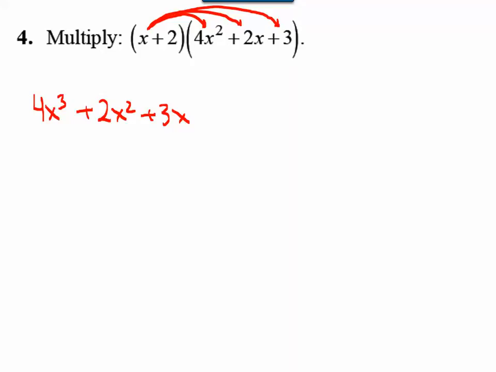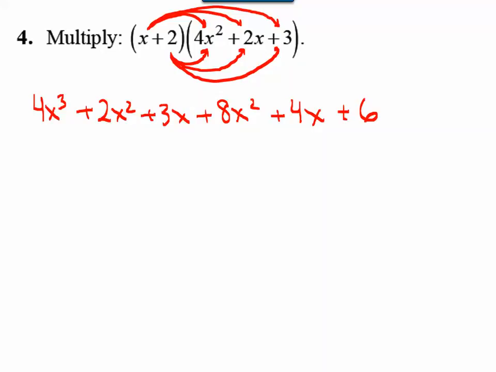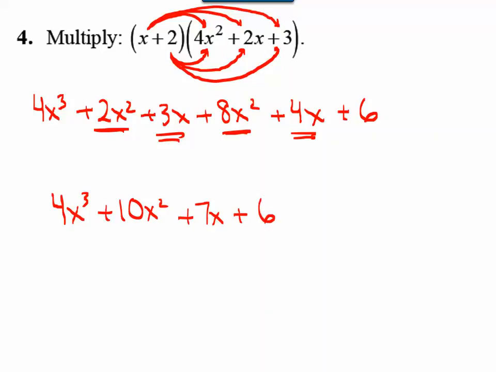Everybody good there so far? Alright, multiplying the 2, probably easier here because you're just multiplying constants, so 8x squared plus 4x plus 6 at the end, and then we have to still gather those like terms together. No x cubed except for the front ones. I have 2x squared, and then 8x squared, 10x squared. Awesome, there it is. The x's make a 7x plus 6, and there's my final answer.